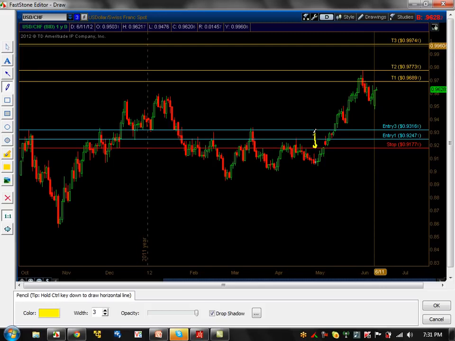Agreed? Yes. My reward is where? My first reward is going to be from here to T1. Agreed? Yes? Right. So, is this a good reward risk ratio? Absolutely. So, even if it's choosing a higher entry, is it still good? Yeah.